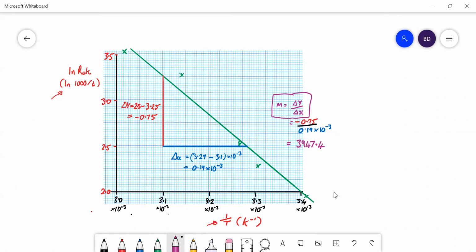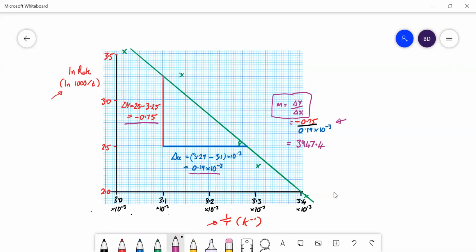So look, I've drawn the triangle, and then I've worked out delta y, the change in y, 2.5 minus 3.25, and it's a negative value because you've got a negative slope to this graph. The change in x, we've got that value there. So the gradient is minus 0.75 over that, which is equal to minus 3947.4.